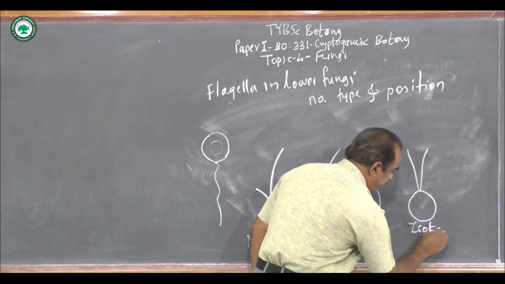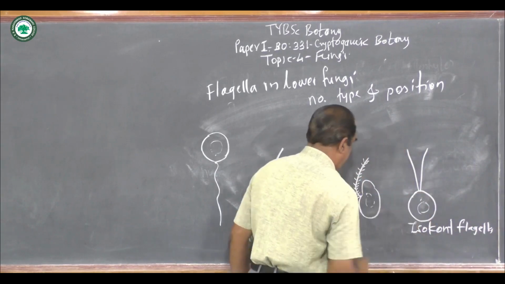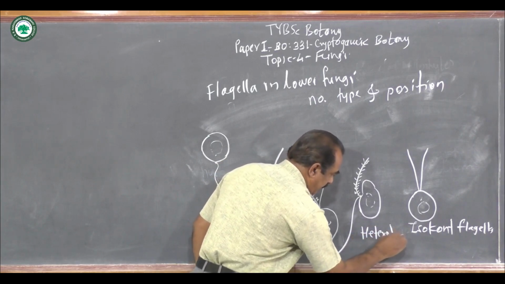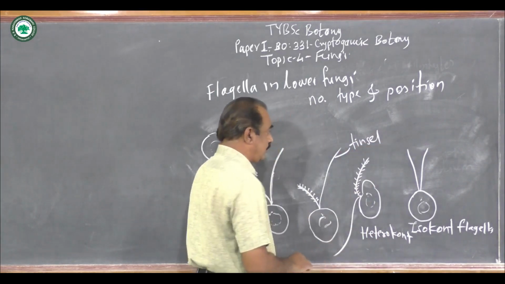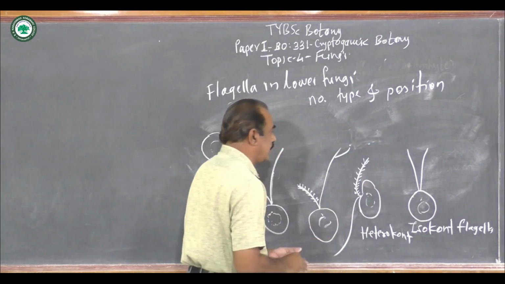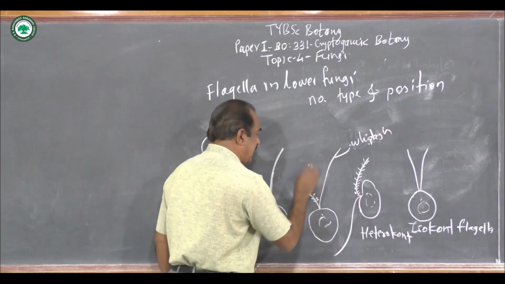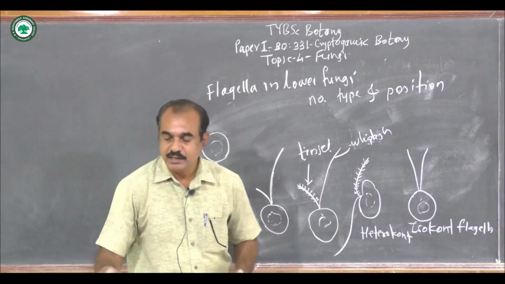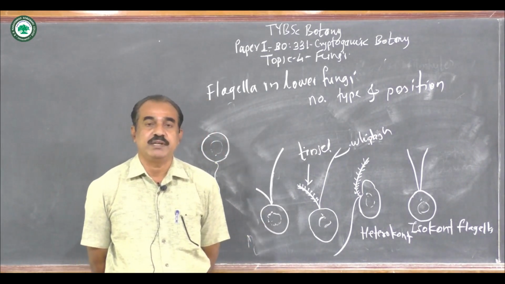Isocont flagella. Alright, this is a whiplash flagellum, and this is a tinsel type of flagellum. So in fungi, generally in lower fungi, there are different types of flagella, and their number and position are also different in different fungi.